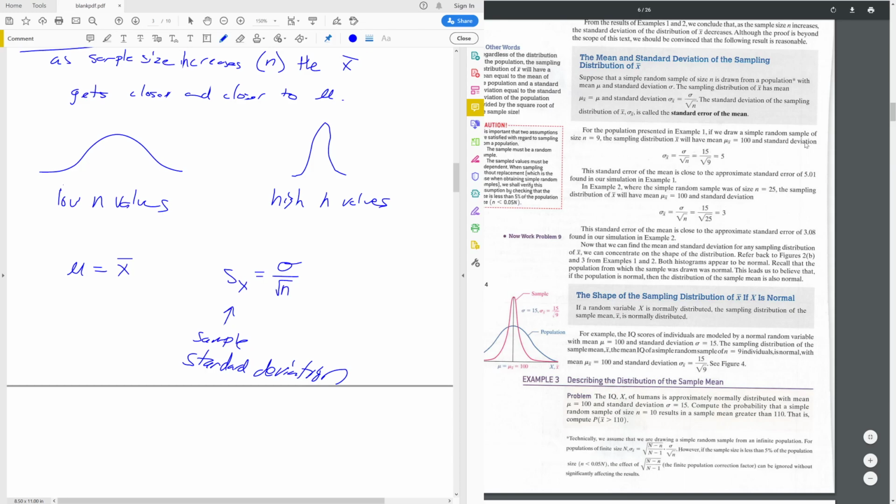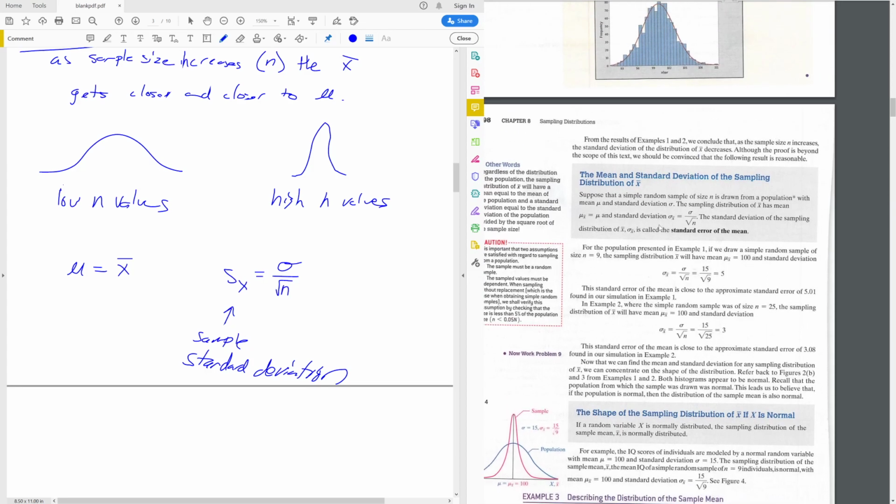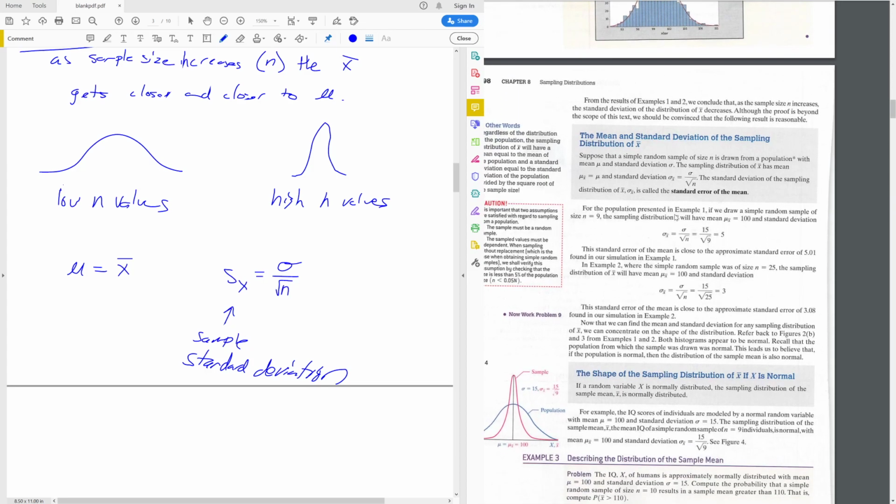Then the standard deviation of the sample distribution, they give this information somewhere else. If the population has a standard deviation of 15, then we would be doing 15 divided by the square root of 9. And so we'd have a sample standard deviation of 5. Okay? If we increase that sample size to 25 using the same population, now our sample distribution has a standard deviation of 3, right?